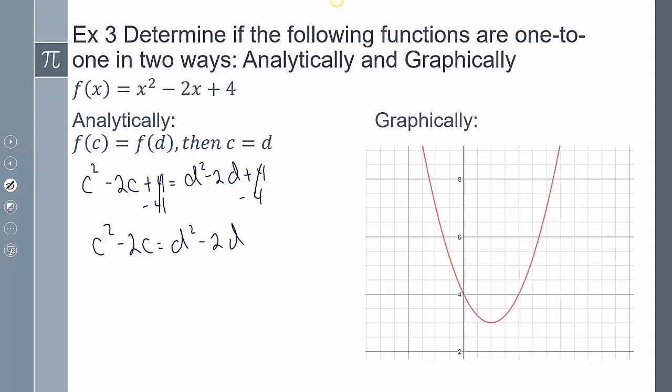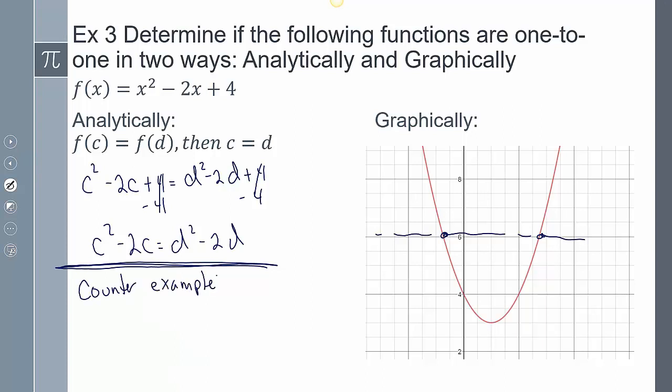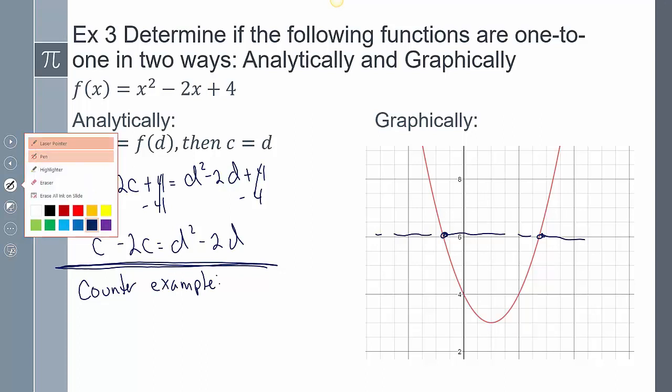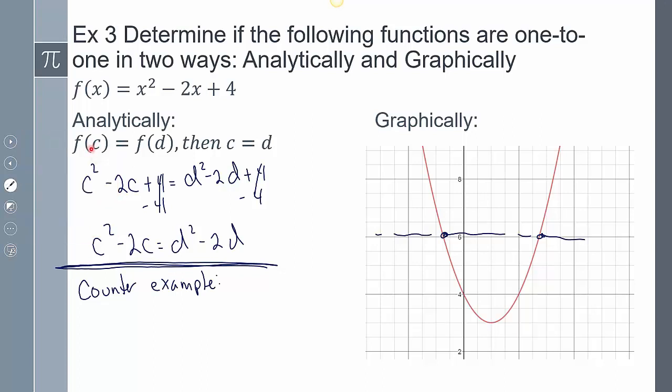And so we're going to have to look at this graphically, and graphically, if I were to graph this, it does fail. Now another way that we can try and figure this out analytically is, what if we created a counterexample? What this statement says is that if I have two y's that equal each other, that means it has to be the same x value.